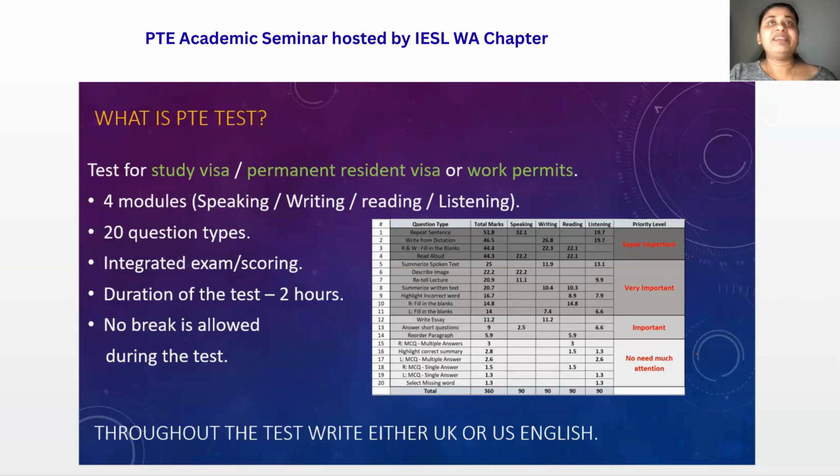Another important thing is that this test has an integrated scoring system. What does that mean? This means one question can give marks for another module. For example, if we take the question repeat sentence, it gives marks both for speaking and listening. Therefore, it is very important to know the marking criteria and the super important questions.